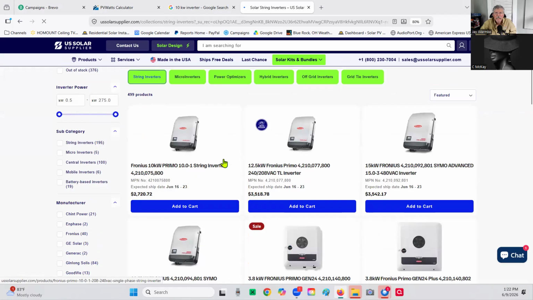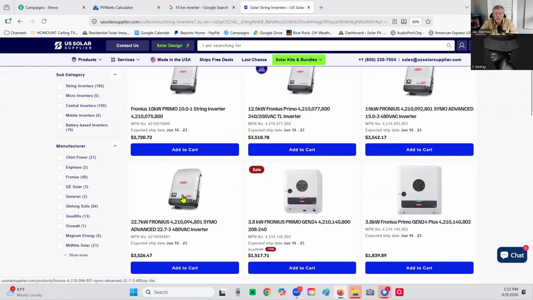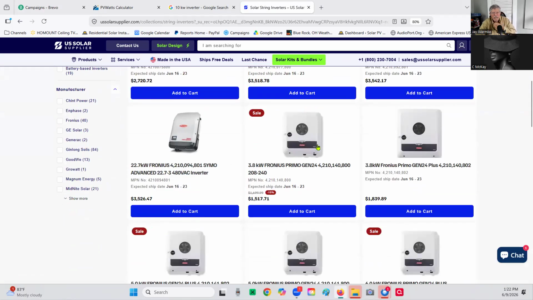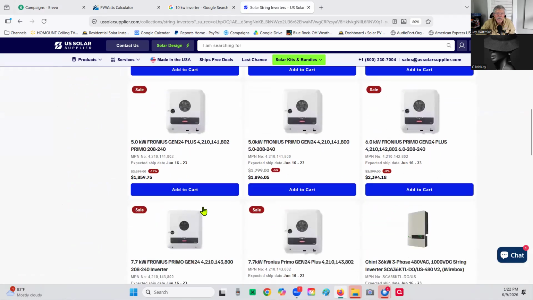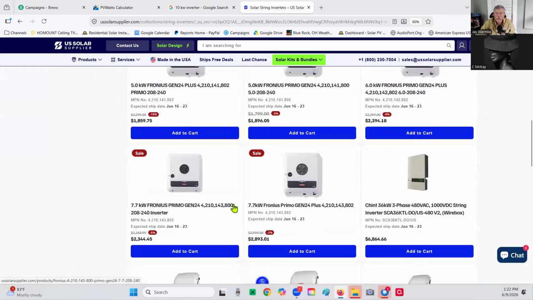All right, so we've got a 10 kW. This is a 12.5. Those are bigger than we need, 22.5. This little Fronius Primo is 3.8, 5, 5, 6, 7.7.